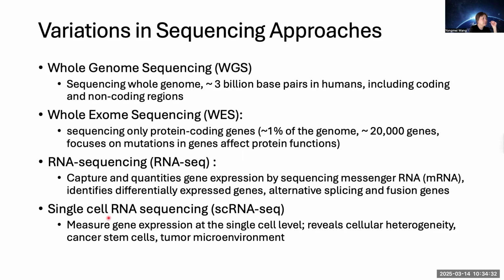And then single cell RNA sequencing, how does that differ? What it does is that inside this sample, each cell has a barcode. And so when you're sequencing the messenger RNA, not only do you align that particular messenger RNA to a gene, it also carries a barcode that tells which cell it belongs to.